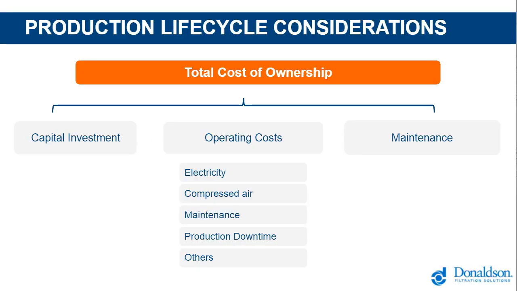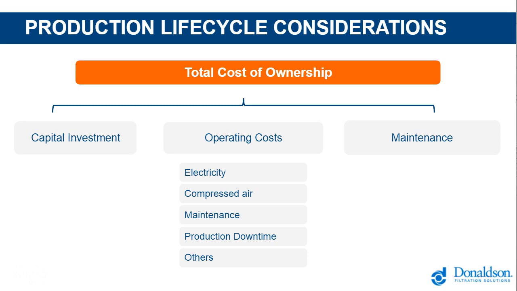So this slide represents the total cost of ownership of any given dust collection filtration system. Basically, there are three main components. It all starts with a capital investment, of course, to acquire a dust collection system for whatever application is needed in your production environment. Then you have the middle block, which is the operating costs.